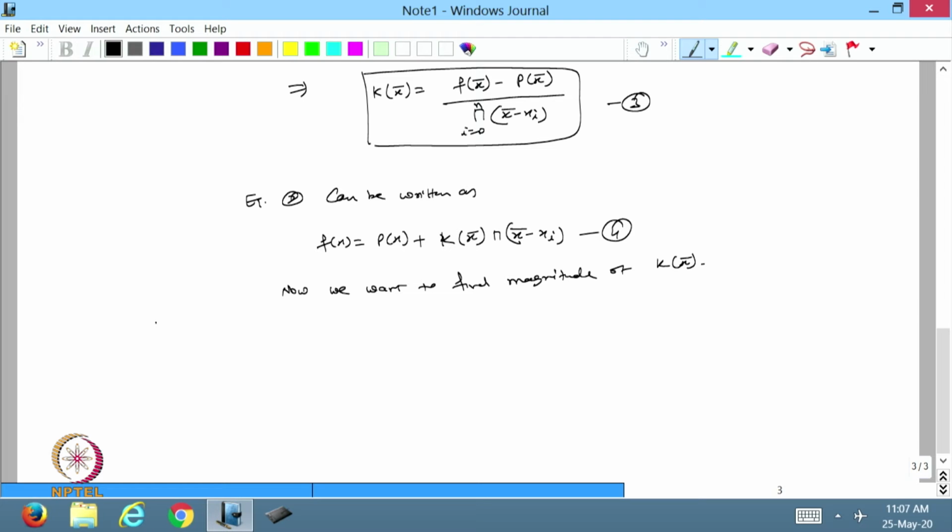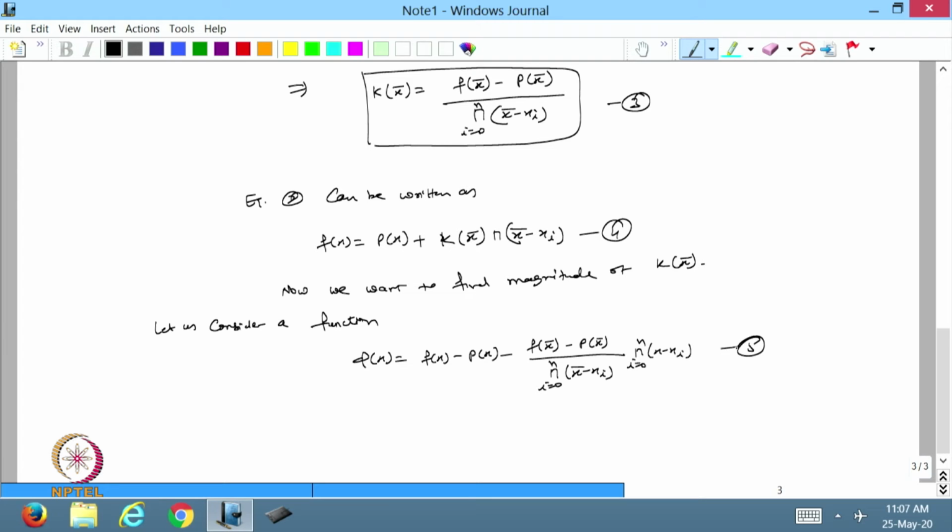So, let us consider a function, and I call it phi(x). Phi(x) I will represent as f(x) minus p(x) minus [f(x bar) minus p(x bar)] divided by the product of (x bar minus xi), into the product of (x minus xi), i from 0 to n. So, I defined a function like this one.